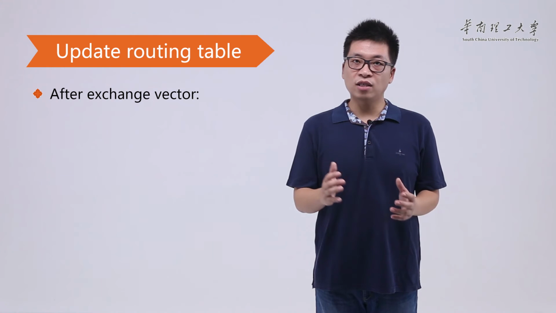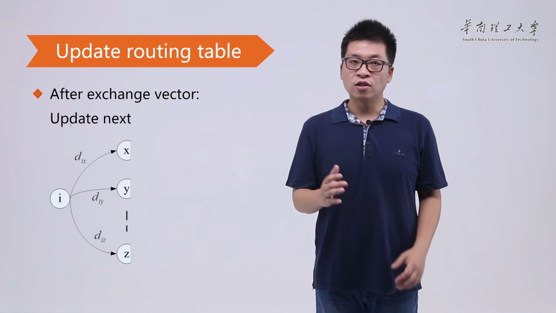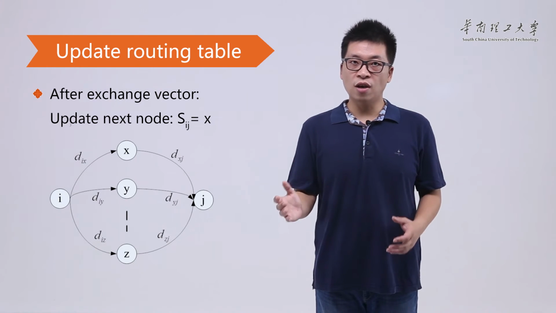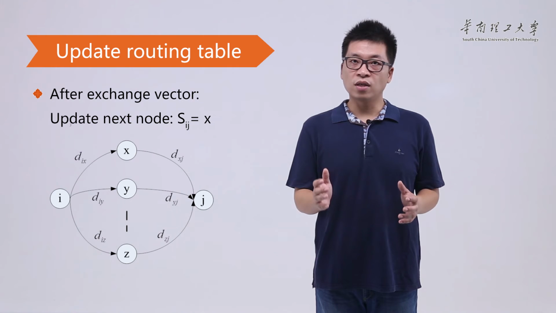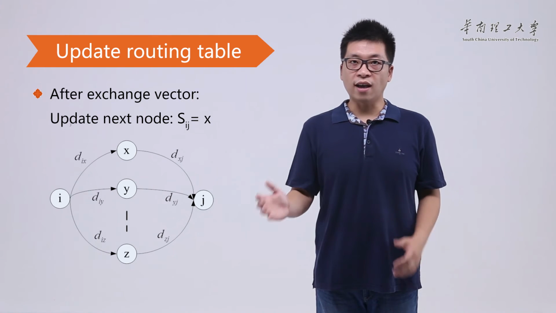Besides updating the shortest distance, the node also needs to update the next node, sij, to x.